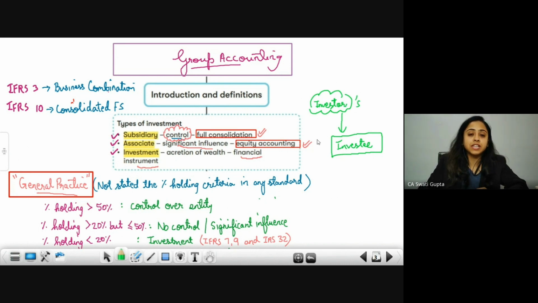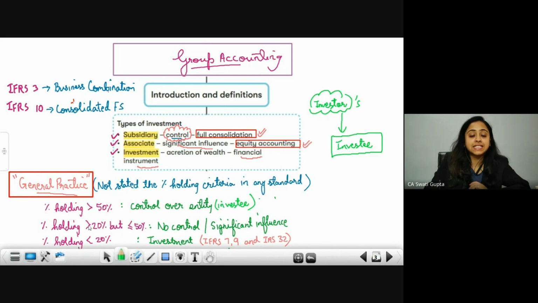If the investor's percentage of holding, the amount of shares that have been acquired in the investee, is more than 50%, if the percentage holding of the investor is greater than 50%, we say control exists over the investee entity, the entity in which the investment has been done, the entity of which equity shares have been acquired.